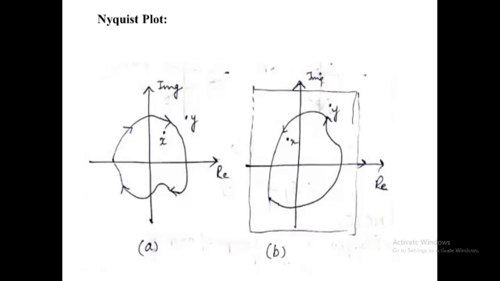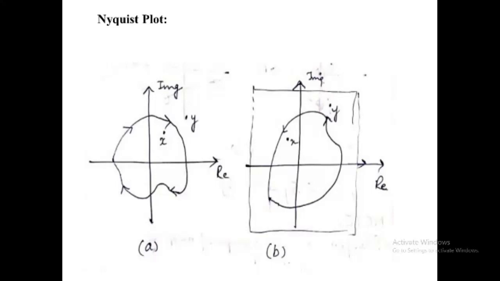Now, what is the principle of mapping in the case of the Nyquist plot? The mapping theorem states that every point in the S-plane maps onto a corresponding point in the P(S) or G(S)H(S) plane, where P(S) is any function of S. The correspondence between the points in the two planes is called a mapping or a transformation.